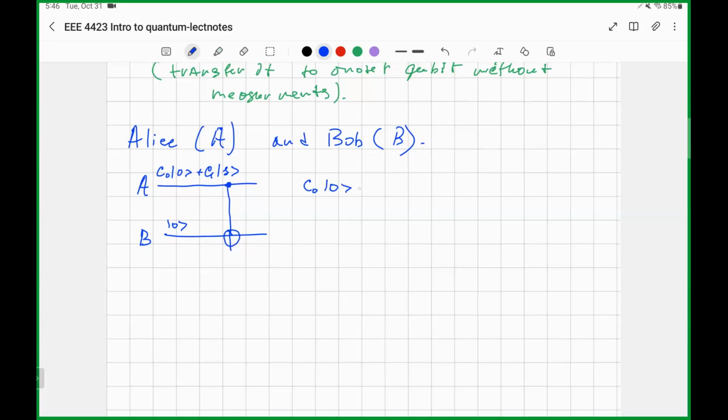So it's C0 0 plus C1 1 for Alice's qubit, tensor Bob's qubit. I'll write Bob's qubit first, 0, and then tensor Alice.